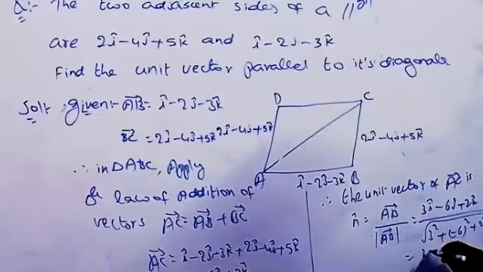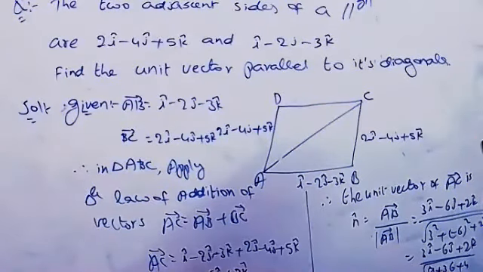That is the square root of 9 plus 36 plus 4. Clearly the sum of all these values equals 49. Root 49 equals 7.